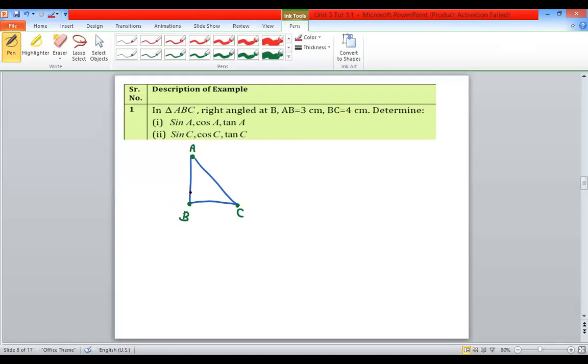And B is 19 degrees, so this is your B. We want to find the angle A. That means your theta is here. Okay, students. So this is your angle A, whose opposite side is this.